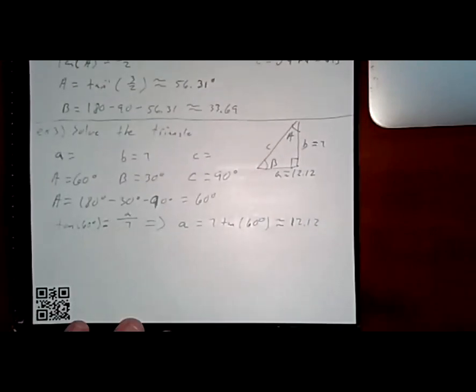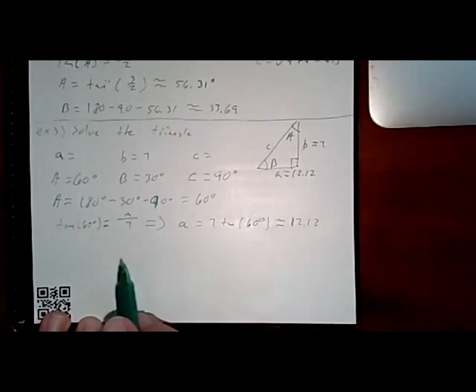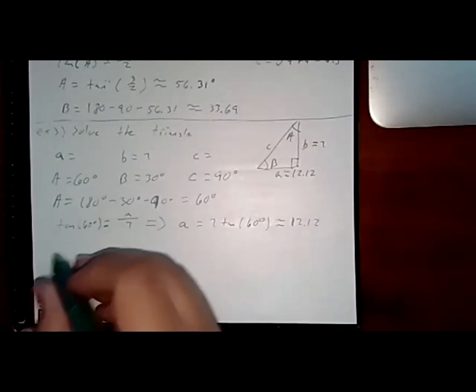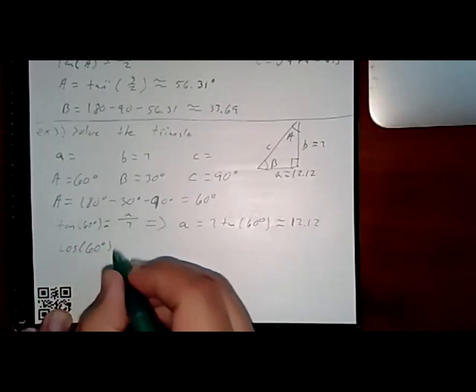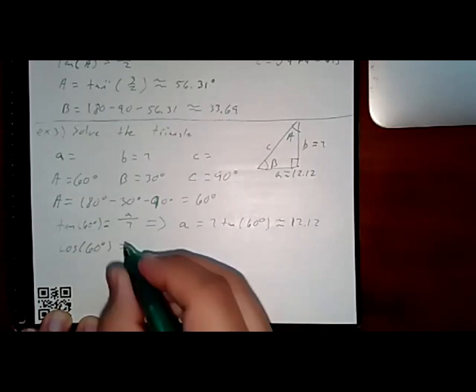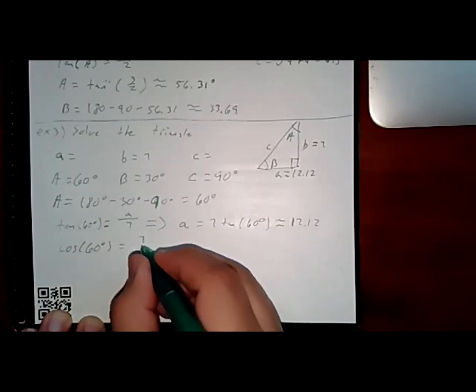Now that we have a and b, we can find c, right? Using the Pythagorean theorem to find the hypotenuse. Or we could use cosine to solve for it. Using the definition, cosine of 60 degrees is equal to the adjacent side over the hypotenuse.